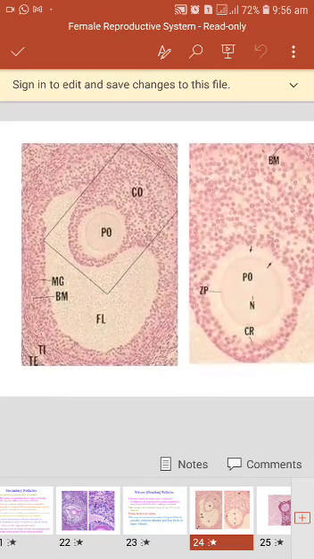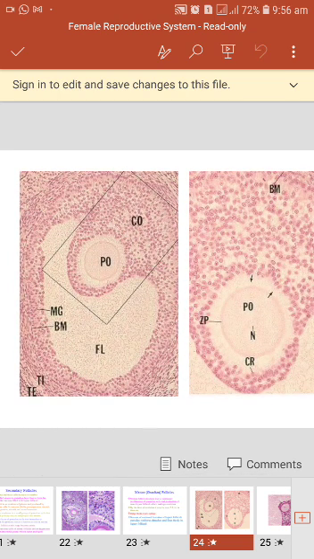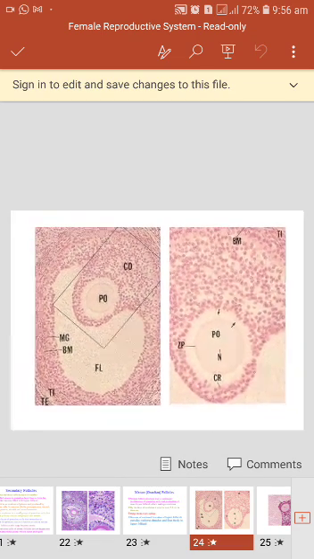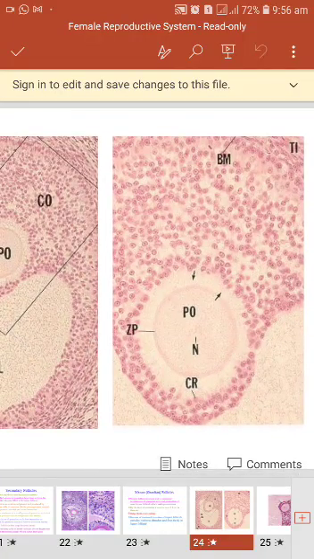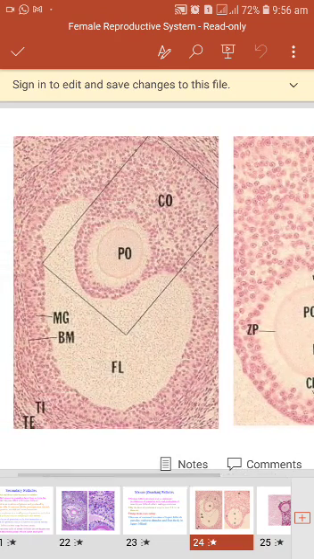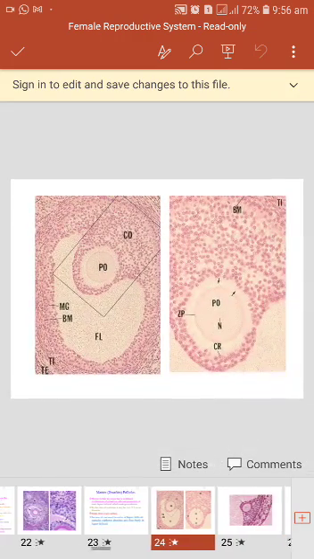Again, this is the diagram showing the cumulus oophorus. PO means the primary oocyte. The cavity inside is shown, and in the other diagram you can also see the corona radiata, which is a single layer of granulosa cells immediately surrounding the oocyte, while the cumulus oophorus are the granulosa cells surrounding one side of the primary oocyte, projecting into the antrum.